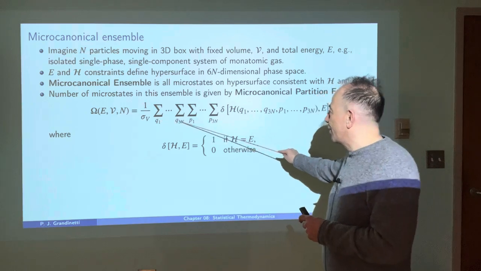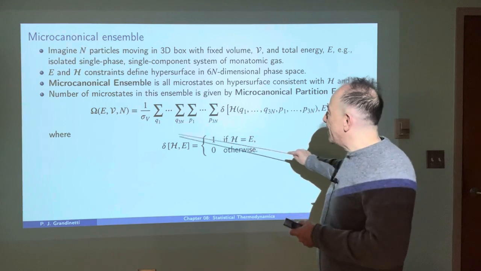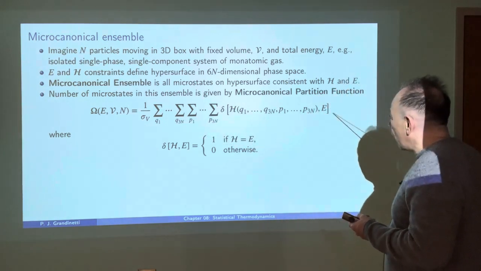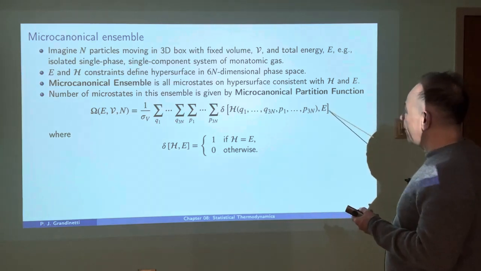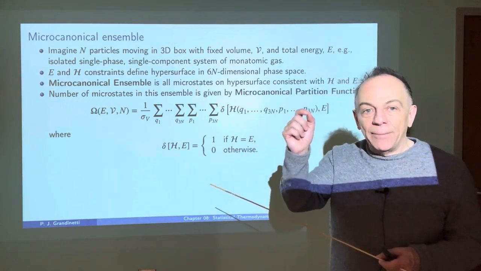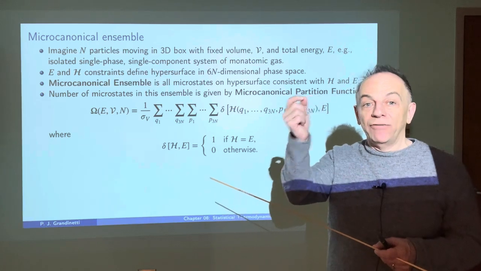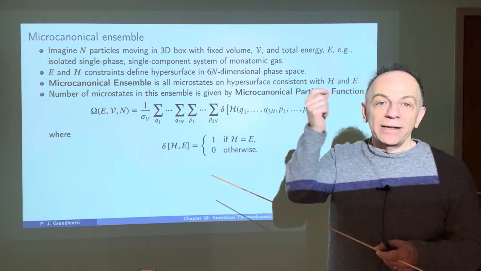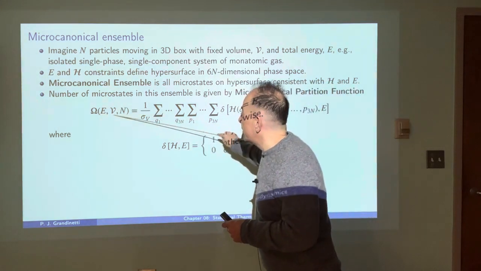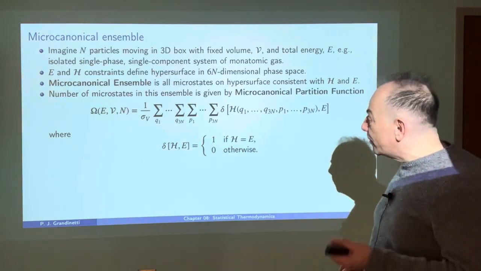So my summation is going to go from a sum for Q1 all the way out to Q3n, and then P1 all the way out to P3n, and for that entire sum, then I'm going to evaluate the same kind of Kronecker delta function where I looked at each cell and I compare the Hamiltonian value for that cell with the total energy, and if they're equal, then I return 1. If they're not equal, I return 0. And this way, I get then in this sum the total number of states that are consistent with the total energy, the total number of microstates.